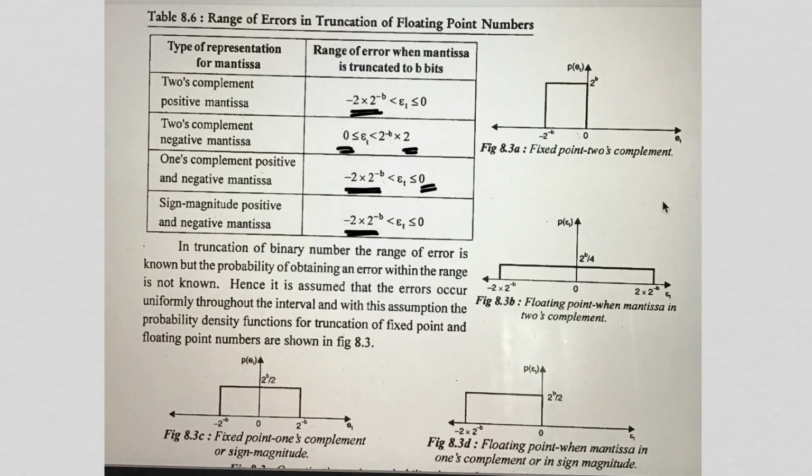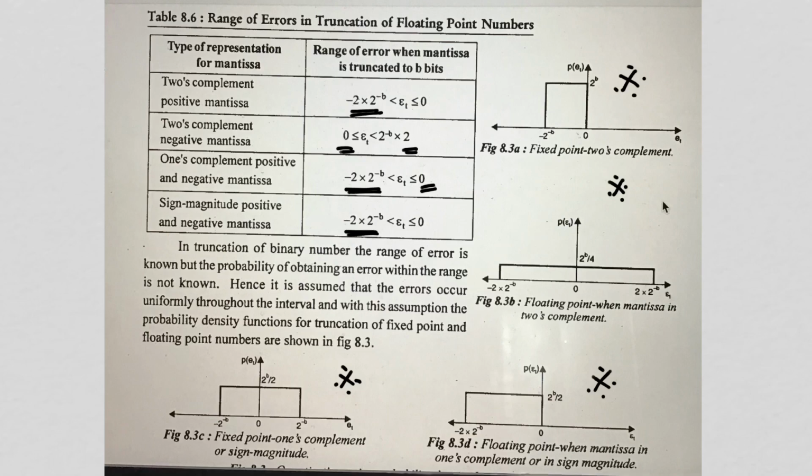So these graphs: fixed point 2's complement number, floating point when the mantissa is 2's complement, fixed point number particularly 1's complement as well as sign magnitude, and floating point number when the mantissa is 1's complement or sign magnitude. These 4 different graphs will definitely give you an idea of how to put up the table with those values.